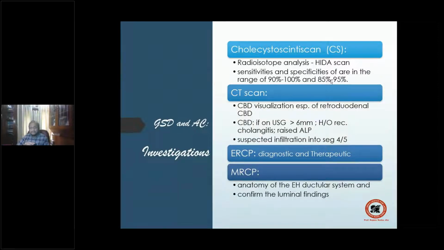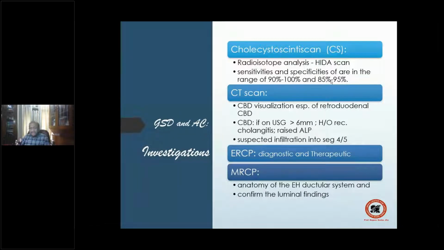CT scan is preferable in a patient with acute cholecystitis when you're suspecting a CBD pathology. So if the retroduodenal part you're not able to see and you're suspecting something, do a CT scan. Otherwise, a CT scan is not mandatory in acute cholecystitis. Please keep that in mind. There are specific indications when you like to do a CT scan.